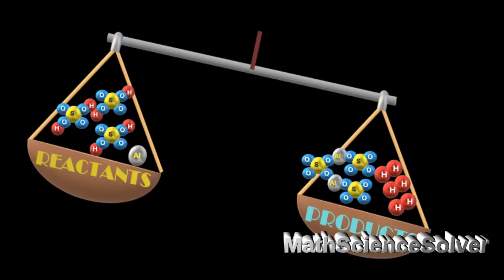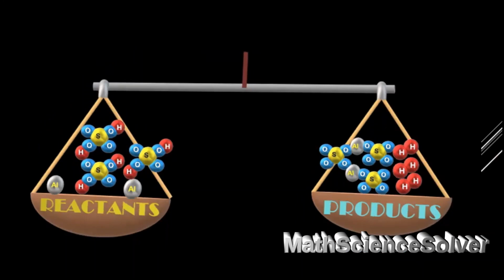So in total we have 3 H2s, which makes 6 hydrogen atoms. So both sides are balanced, but still aluminium is not balanced. On the product side we have 2 aluminium, whereas on the reactant side it is just 1 aluminium. So let me add another aluminium on the reactant side to balance it. See, now it's completely balanced.